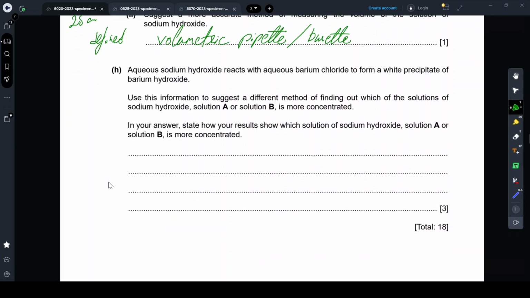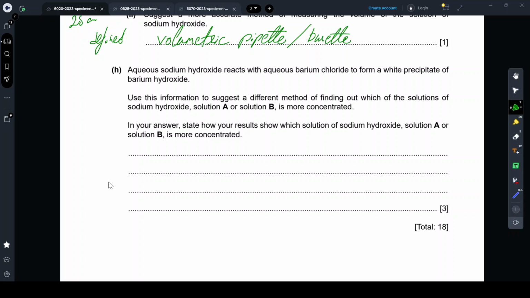Okay, aqueous sodium hydroxide reacts with aqueous barium chloride to form a white precipitate of barium hydroxide. Use this information to suggest a different method of finding out which of the solutions of sodium hydroxide, A or B, is more concentrated. In your answer, state how your results show which solution is more concentrated.